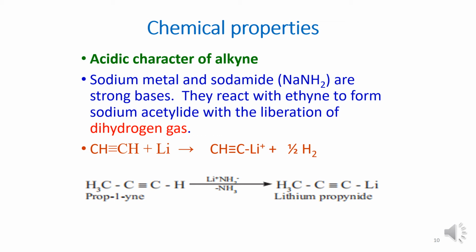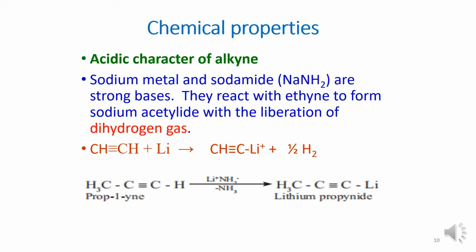The sp hybrid carbon atom in terminal alkyne is more electronegative than the sp2 carbon atom in ethene or sp3 carbon atom in ethane.